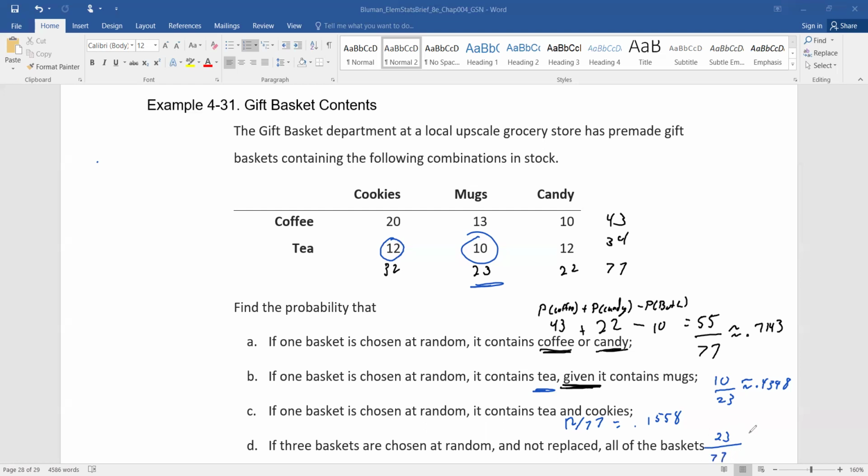Not replaced means now there's only 22 mugs in 76 baskets. And then there were 3 baskets, so that's going to be 21 out of 75. When you plug this in, you get 0.0242. So you have a 2.42% chance that you'll select 3 baskets with at least a mug if you don't replace.